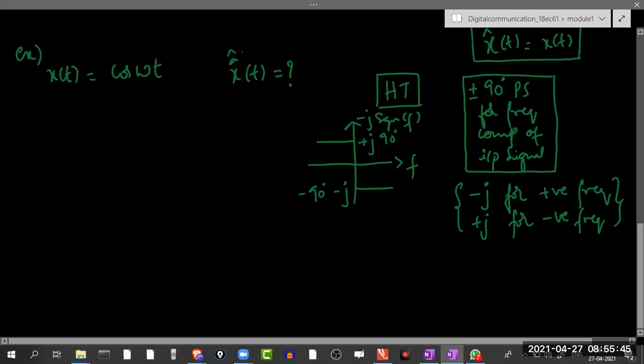So if I were to analyze it in time domain, I can think of x cap of t to be equal to cos of omega t minus 90-degree. But here is a problem. Okay, the bracket should have been at this place.